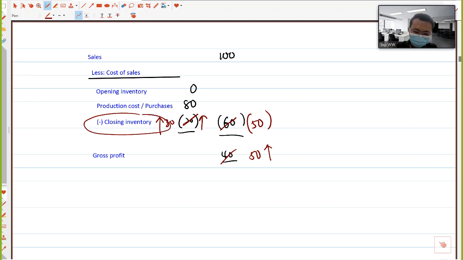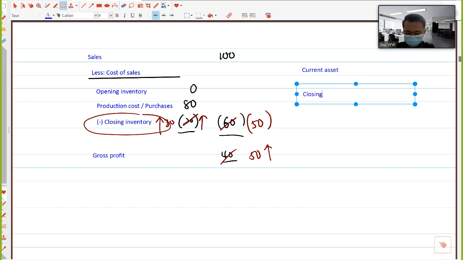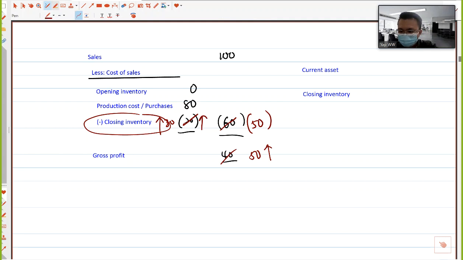So this figure will also appear in the statement of financial position, under current assets. You will see closing inventory. So I put here 20.